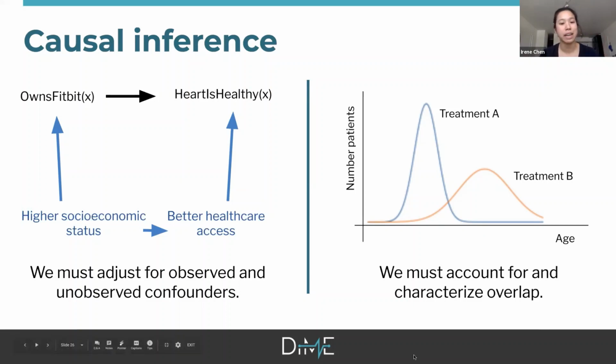If treatment A's patients are much younger than the patients who receive treatment B, it becomes difficult and almost impossible sometimes to determine what the effect of treatment A on an older population or treatment B on a younger population is. So these are general open questions that we're thinking about with causal inference.